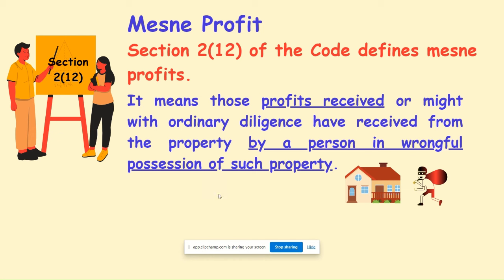He is not having any right over that property. He is wrongful. His possession is wrongful possession. तो जो उसमें से उसको इनकम हो रहा है, that is called mesne profit.